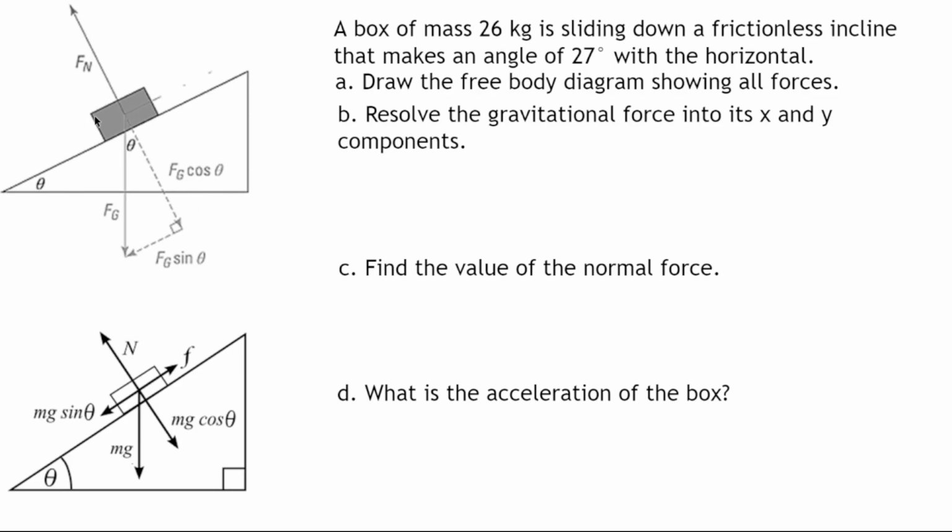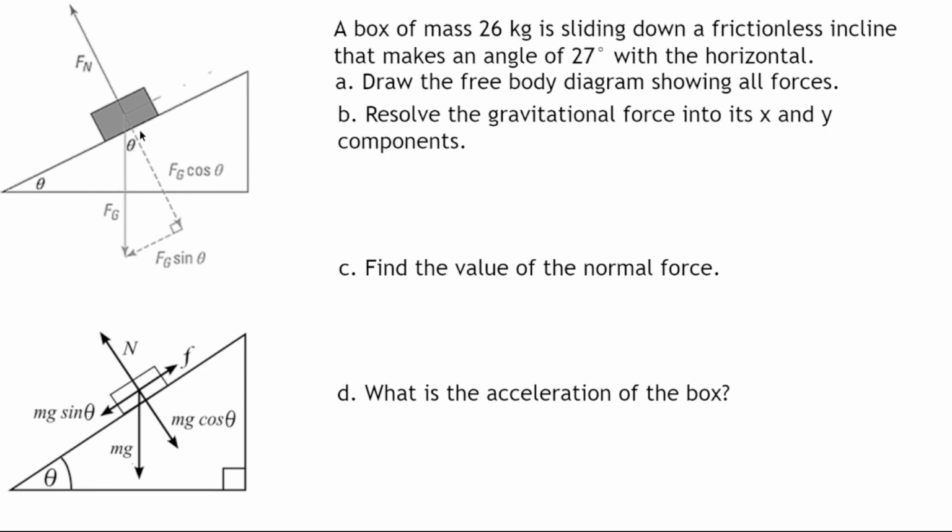A normal force is perpendicular to the actual surface it is being applied to. This inclined plane is the actual surface, so Fn will be perpendicular to that surface. That rule doesn't apply to Fg because Fg is directly downwards anyway.